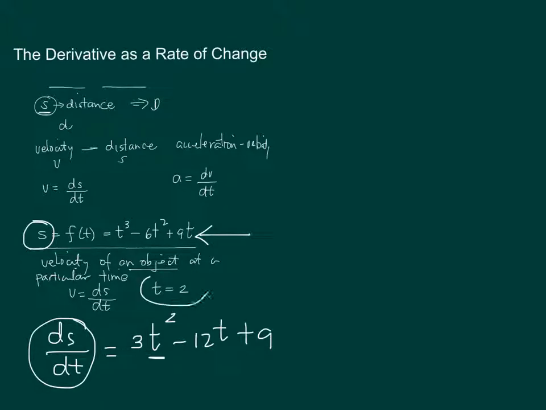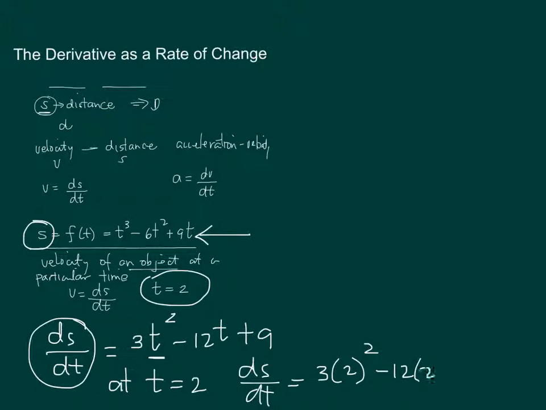As with our example, we want to find the velocity at t equals 2. So at t equals 2, ds over dt is equal to 3 times 2 squared minus 12 times 2 plus 9.